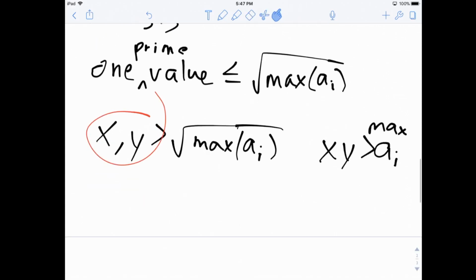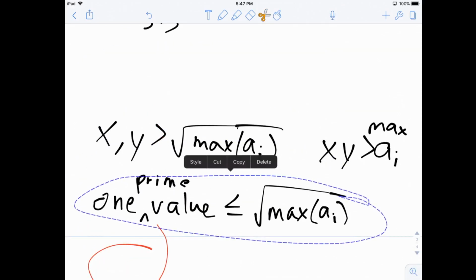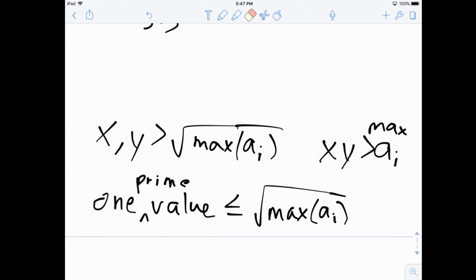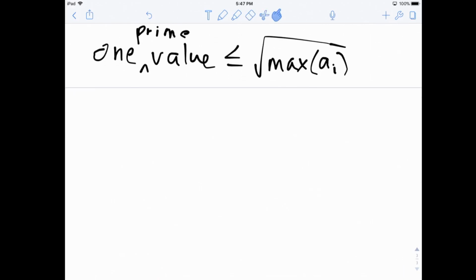Okay, we can use this here. So how many possible values are there for the starting node? Well, we know that one of the nodes with a value less than or equal to the square root of max AI is guaranteed to be in the cycle.